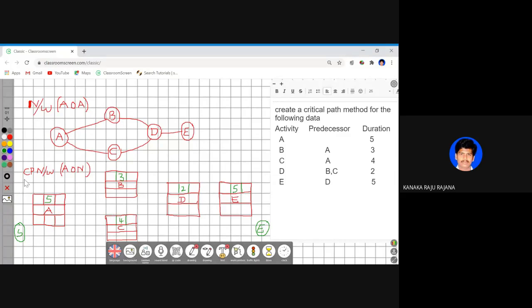After fulfilling all the durations, now we need to choose forward pass first. Under forward pass, what are the rules which we have discussed in the last class? Forward pass always deals with the top three parameters. What are they? Early start parameter, duration parameter, early finish parameter. Clear?